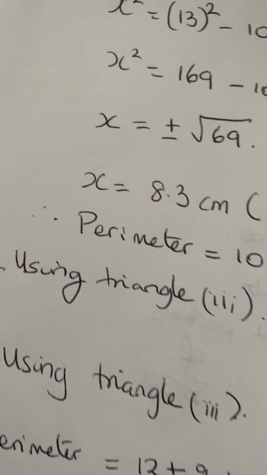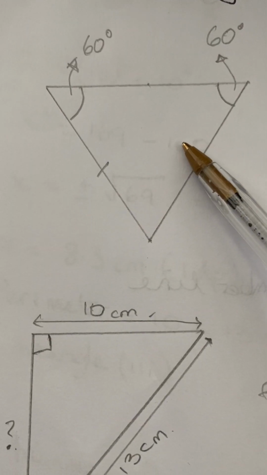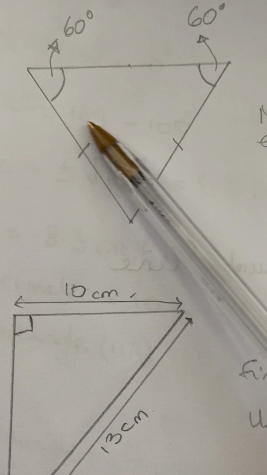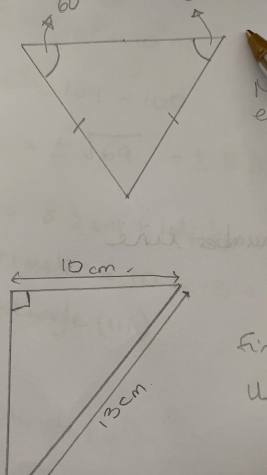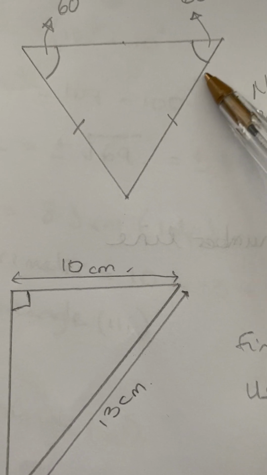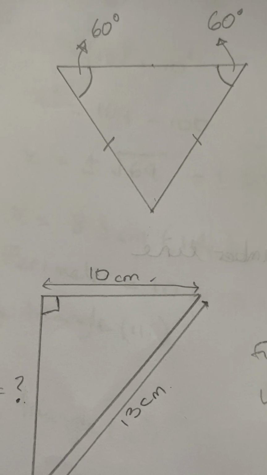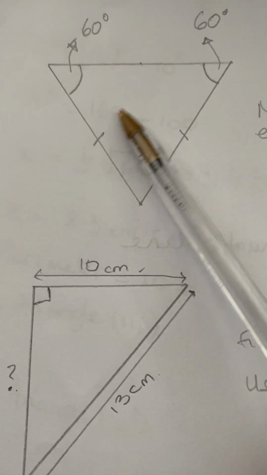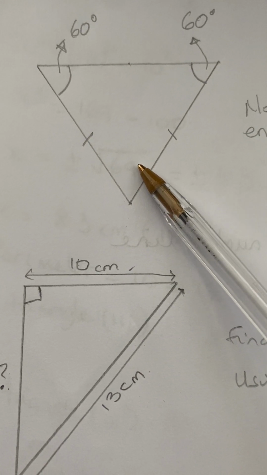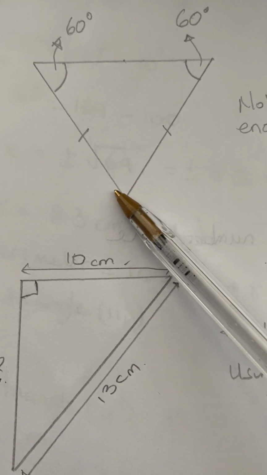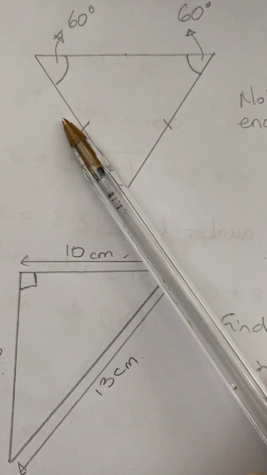If you look at this one, there can be any triangle of any length that will give you a perimeter of 30 or more, or even less. So we don't have enough information here to find the perimeter. We can only find the third angle. We don't know anything about the length.